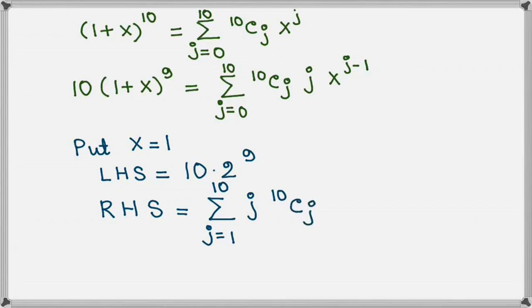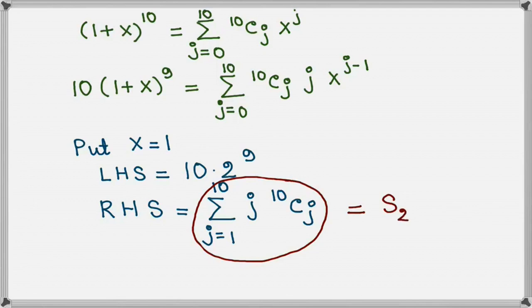Now we can note that this sum from j equals 1 up to 10 of j into 10Cj is nothing but the sum S2.